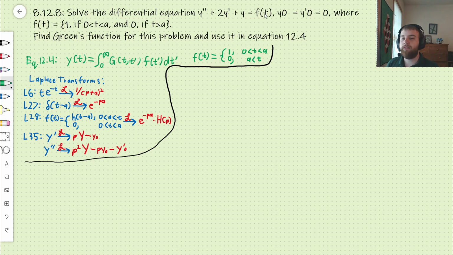So if this is a force that's dependent on time, and these are derivatives with respect to time, then these would all be different forces that are proportional to the different derivatives of our position. For example, a force that is proportional to position would be something like a spring. A force that is proportional to velocity would be some sort of viscous force, like a shock absorber or some sort of viscous liquid situation.